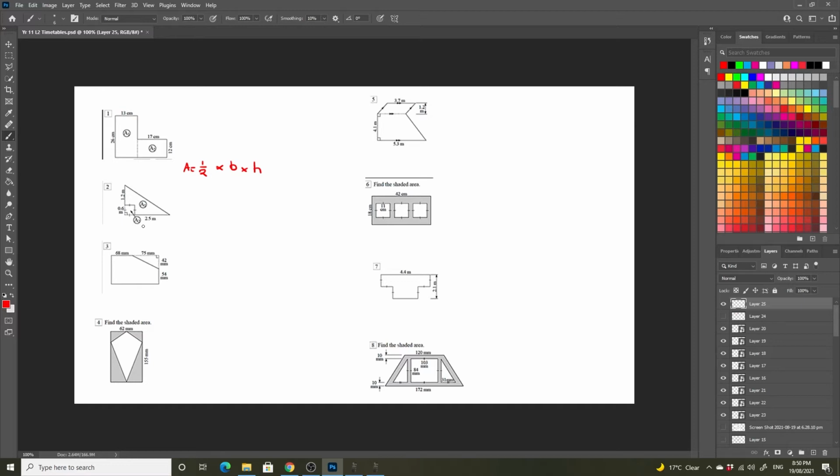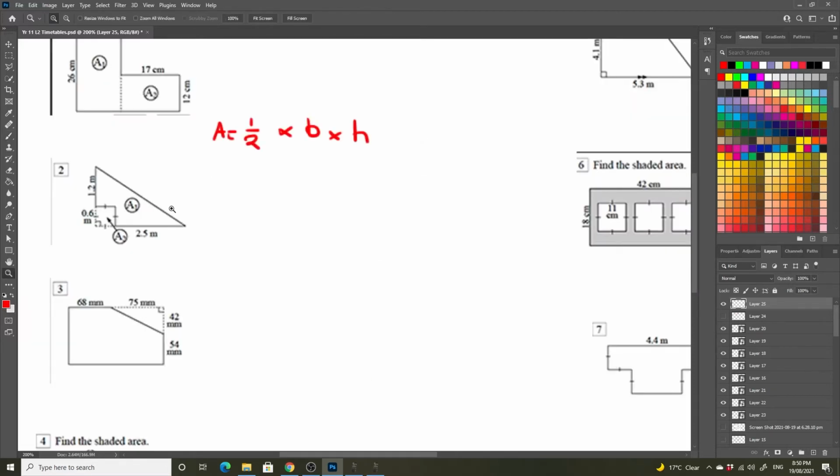If we zoom in on this shape here, we can see that it's just a triangle, but we have a square taken out of it. How do we know it's a square? Well, these little lines here indicate that these sides are equal. This side is equal to this side is equal to this side is equal to this side. So when they give us one of the sides, they've really given us all of the sides.